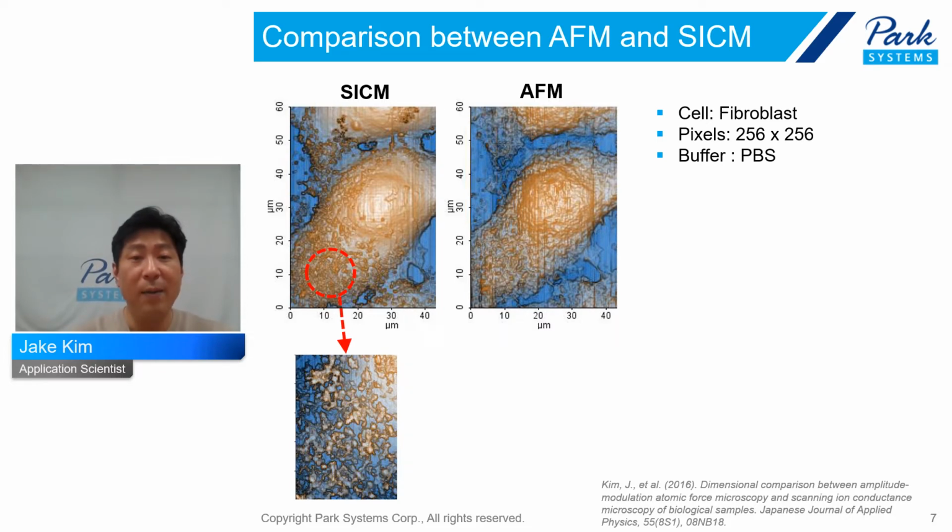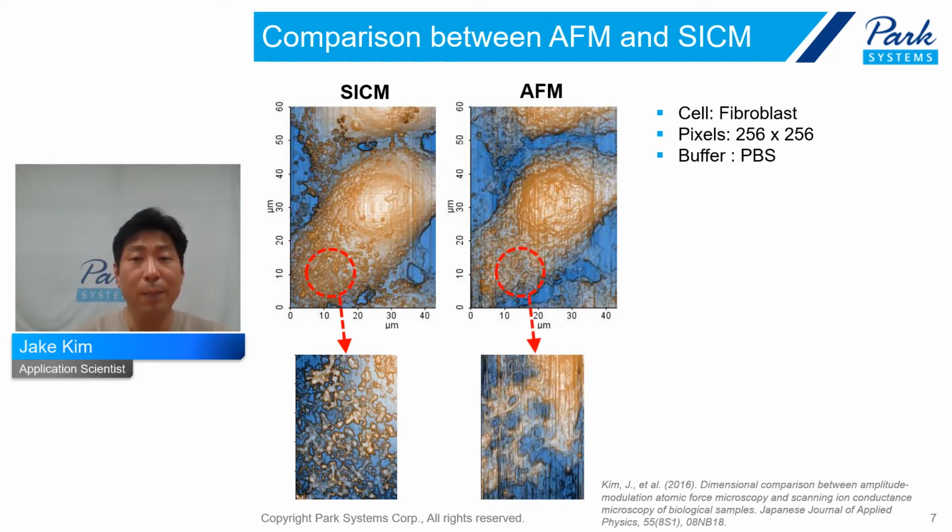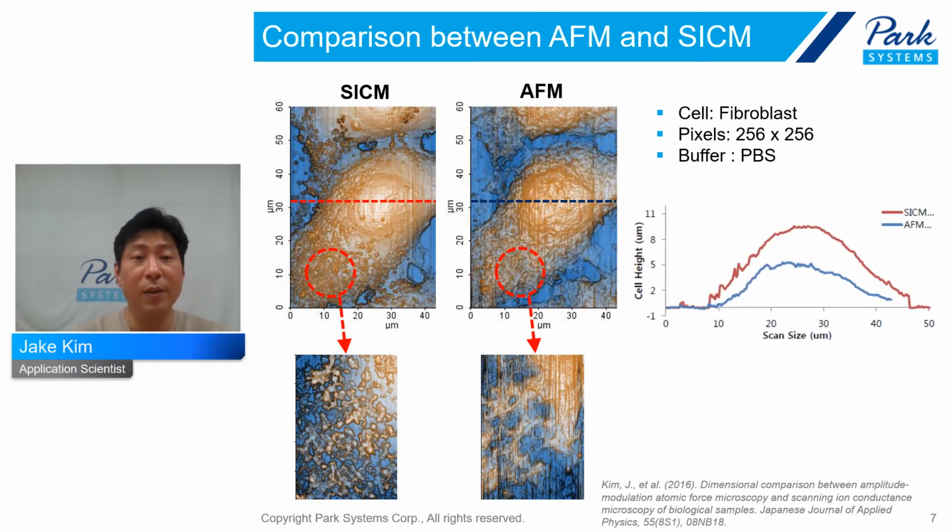But AFM shows these features by crossing them. In addition, in the AFM image, the surface appears to be pressed by the AFM tip due to cell-sample interaction. And this actual line profile shows a clear difference from the SICM.